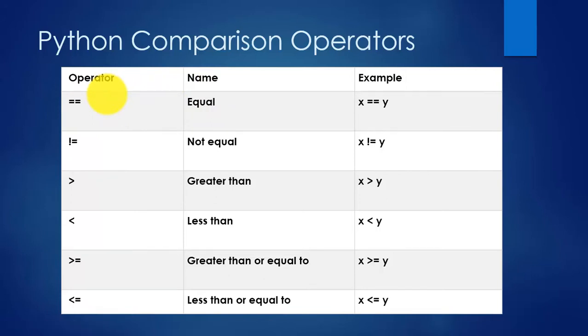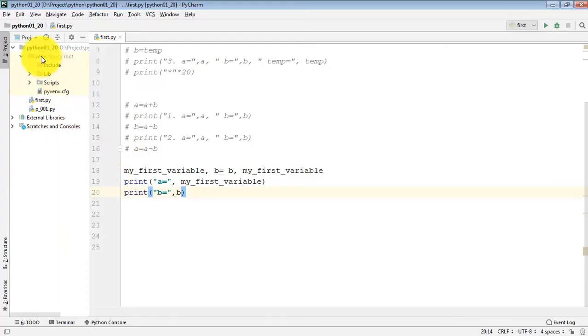Okay, let's jump to our PyCharm and see these in action. What I'm going to do is create a new file. You can see in my project I have two files, first.py and p_001. Today we are going to create another file, p_002.